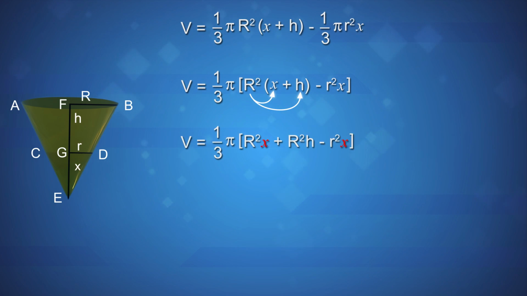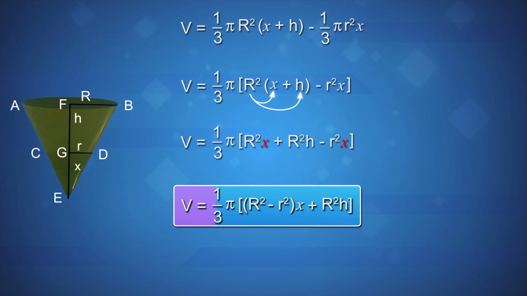Now x is common to capital R square x and small r square x terms. So we get V is equal to 1 by 3 pi into capital R square minus small r square into x plus capital R square h. Let this be the equation 1.